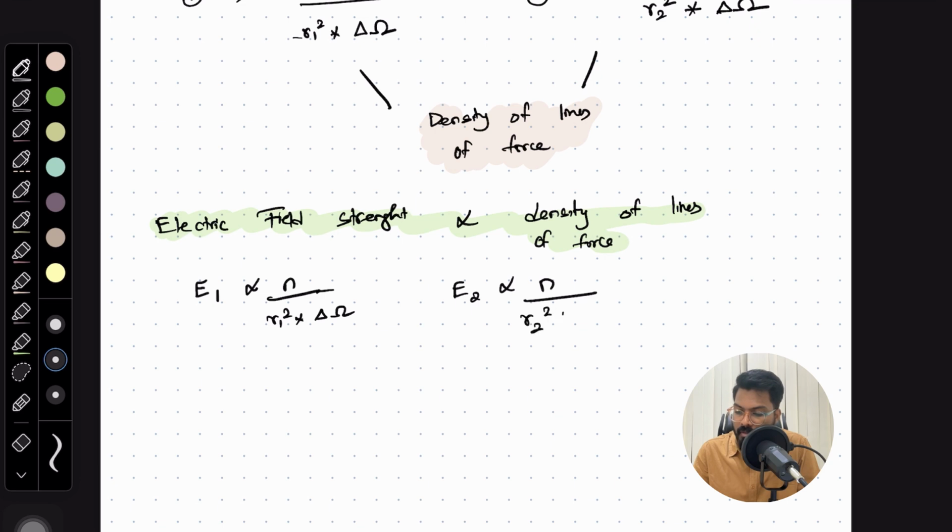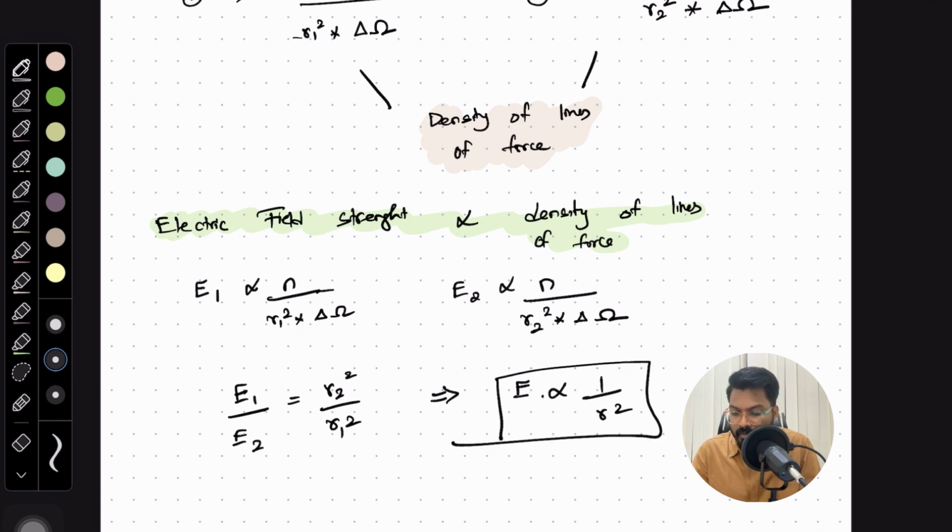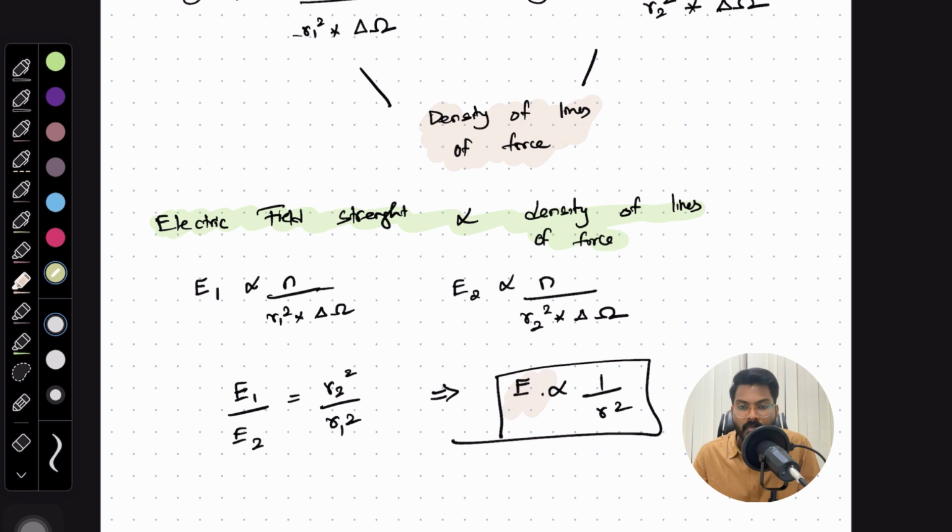Now if we express this as a ratio, E1 by E2, we will see we are left with only R2 squared by R1 squared. This shows us a very important thing, that E is proportional to 1 by r squared. That tells us that electric field is inversely proportional to the square of the distance, which is a result we already know.